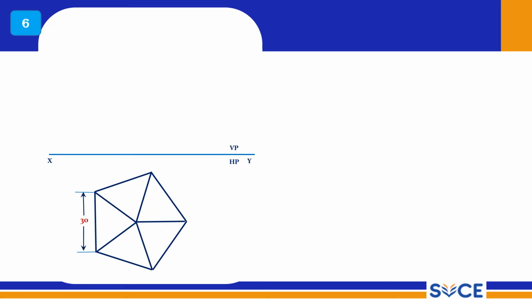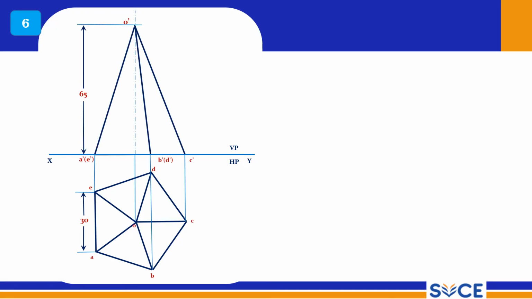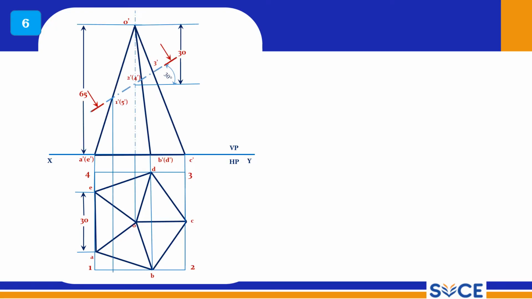This is the front view and top view, and enclose this top view within a box. And now the cutting plane is meeting at 30 mm from the apex, and it is at 30 degrees. All the points you connect in the top view.